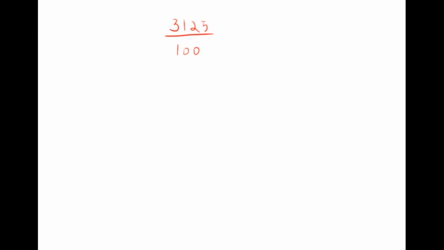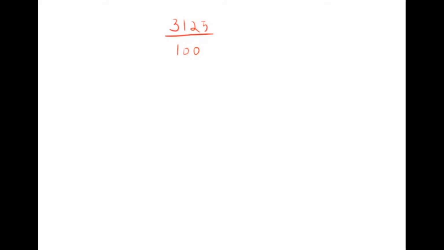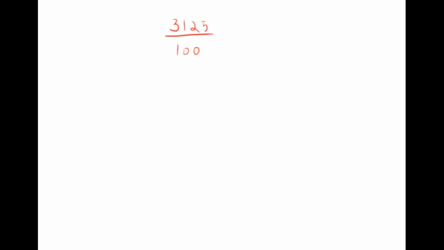So here let us count the number of decimal places. 1, 2, plus this decimal here, we have 3. So count 3 decimals: 1, 2, 3. The decimal point will be here.